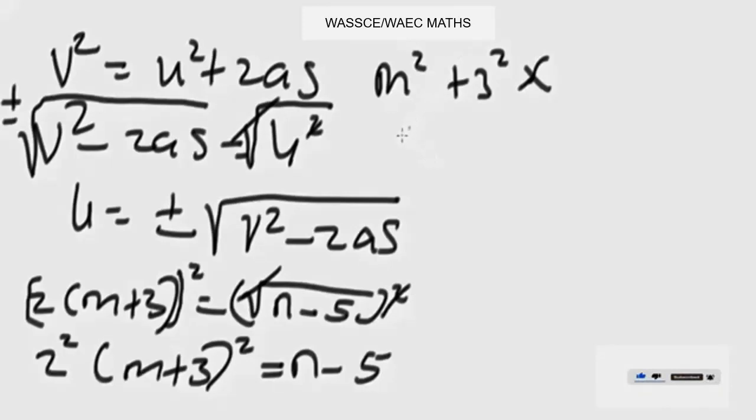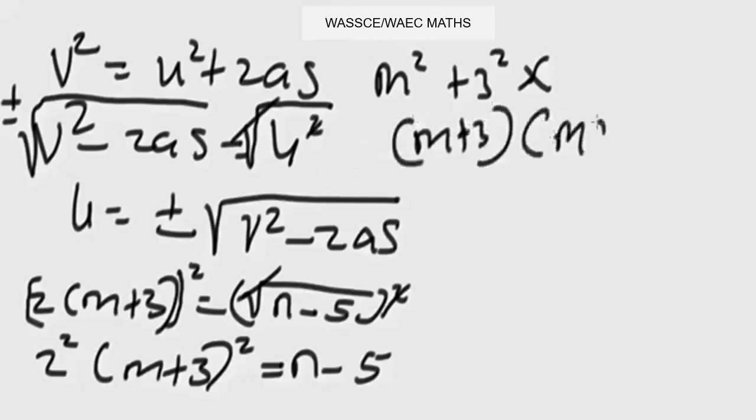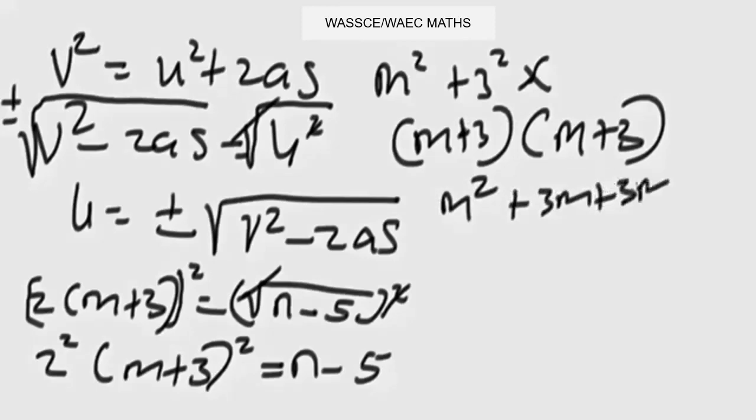Basically what this means is m plus 3 squared is m plus 3 and m plus 3, so you just multiply m plus 3 two times. When you simplify this, you're going to have m square plus 3m plus 3m plus 9. Let me show you so that you'll not be confused.